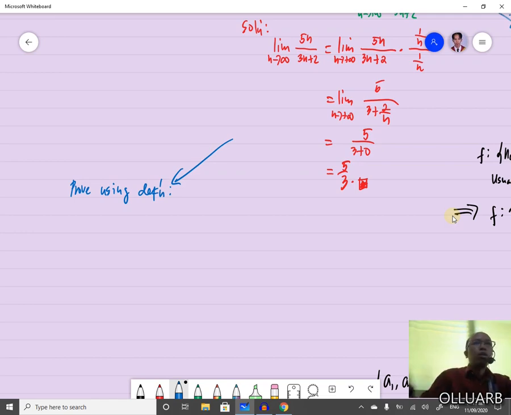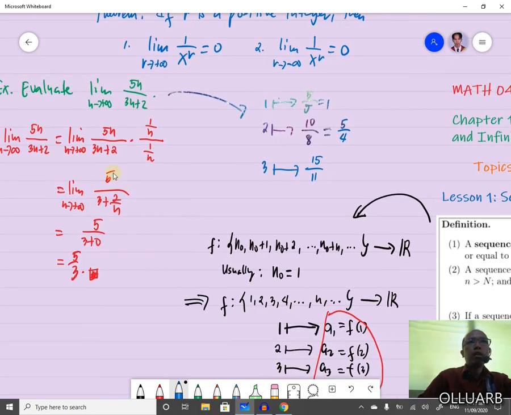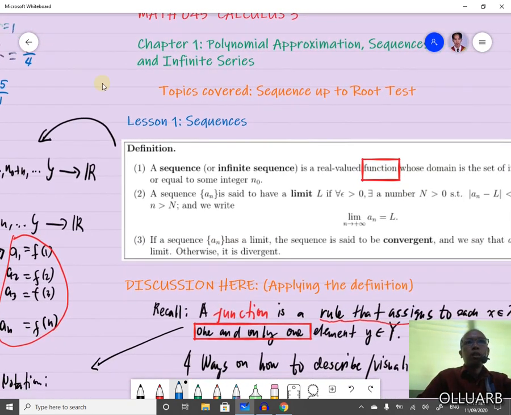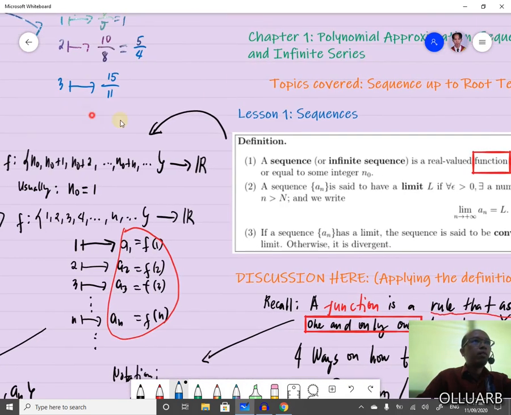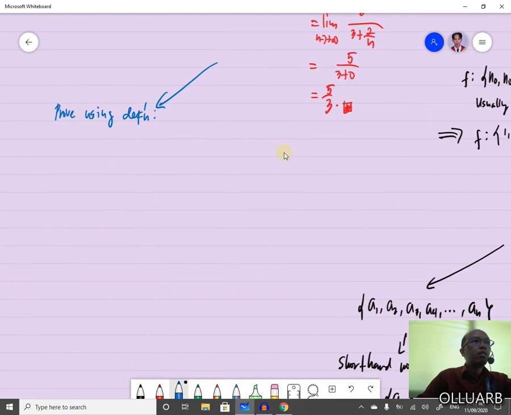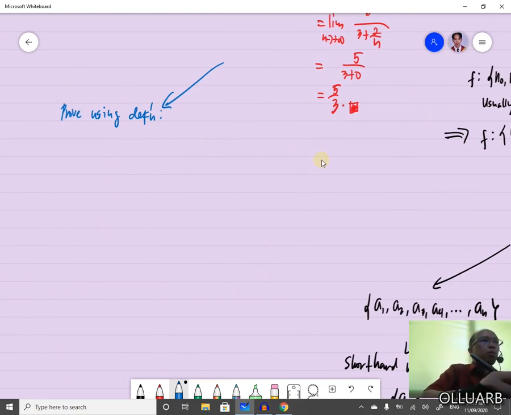Meaning to say, we have to find the big N by solving this. Let epsilon be greater than 0.